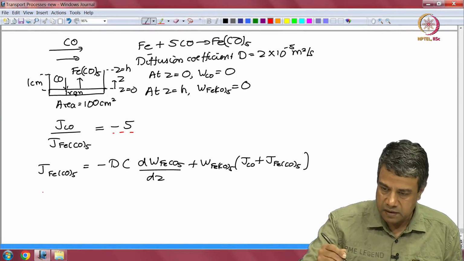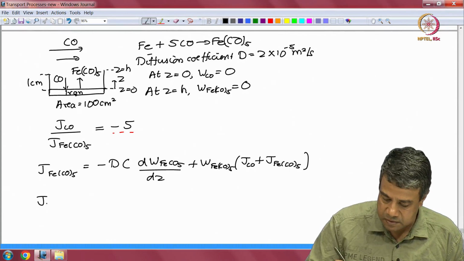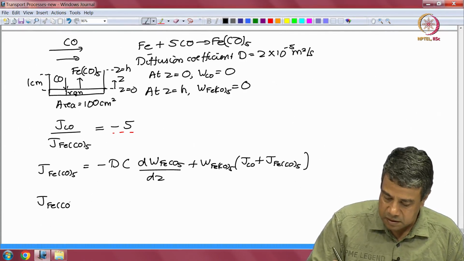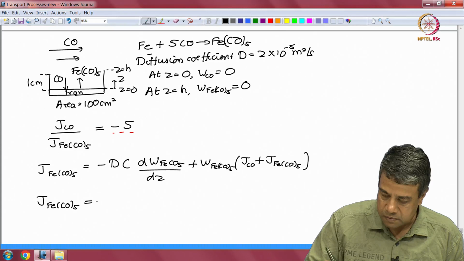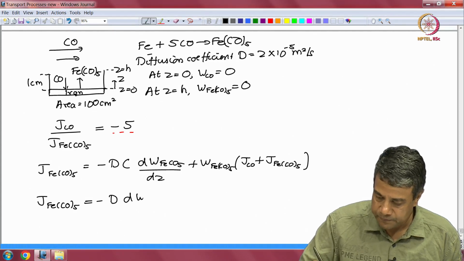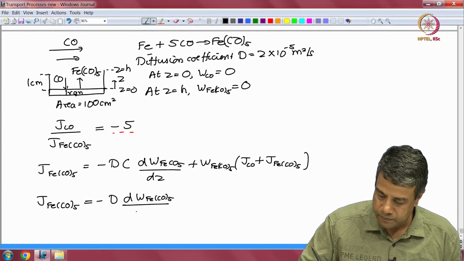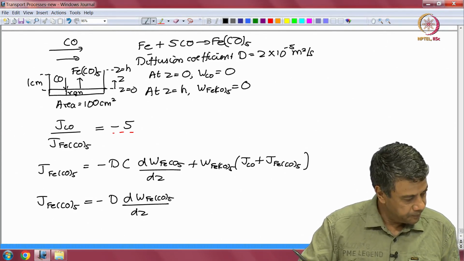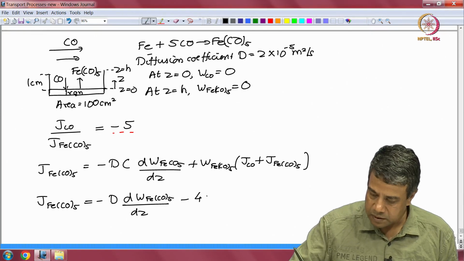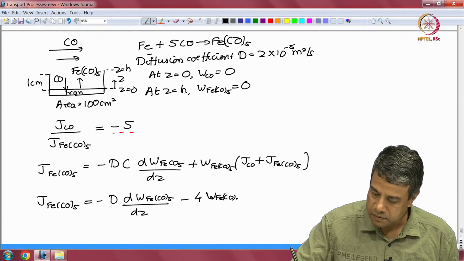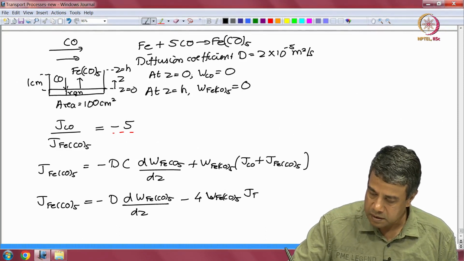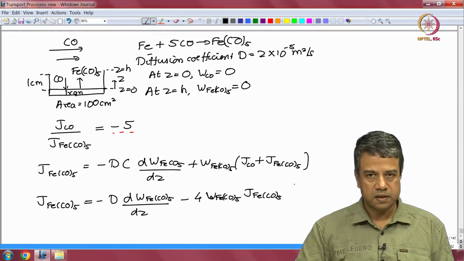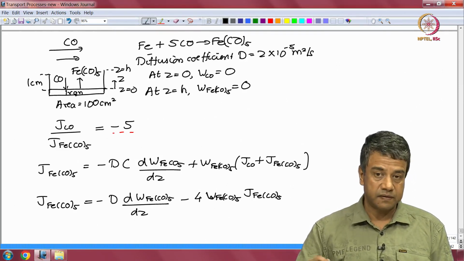And if you use this, the equation simplifies to J_FeCO5 is equal to minus c D dW_FeCO5 by dz minus 4 W_FeCO5 J_FeCO5, using this relation because J_CO is minus 5 times J_FeCO5.